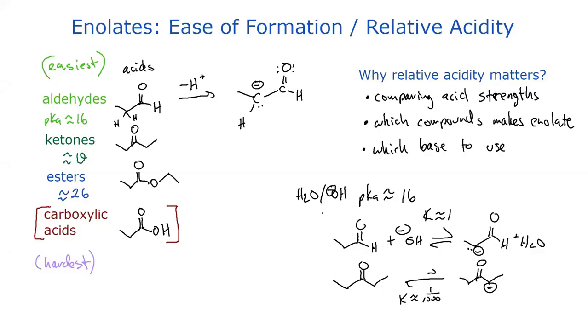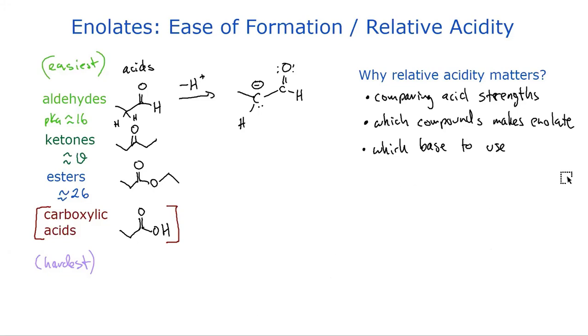Now let's also point out one important thing here, which is that the beta dicarbonyl systems, let's say like 2,4-pentanedione, are considerably more acidic than their single carbonyl counterparts. And if we look at the conjugate base, we can imagine why. Let's think about that as the carbon anion form.